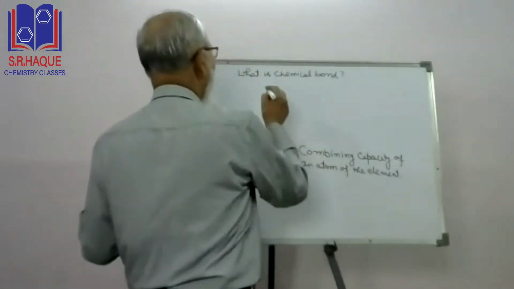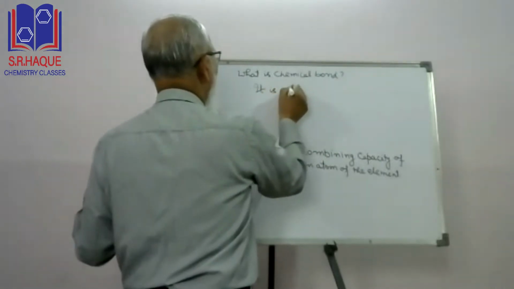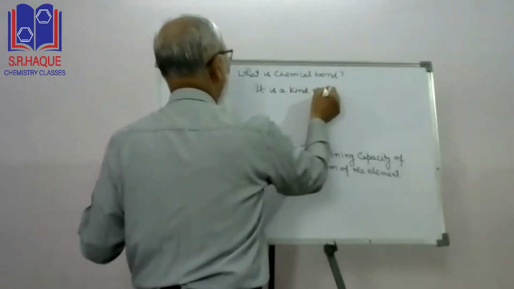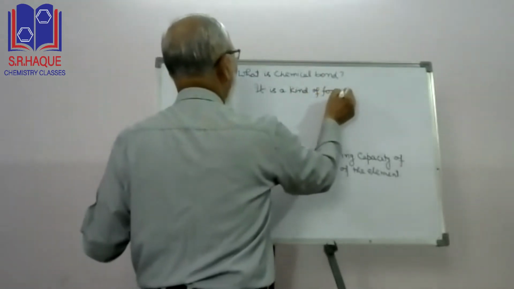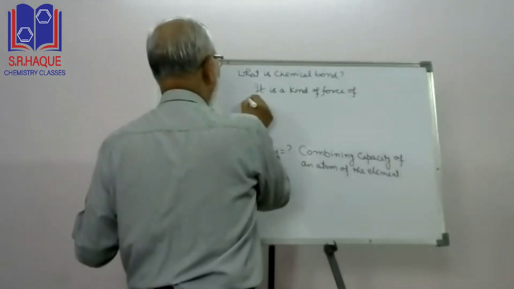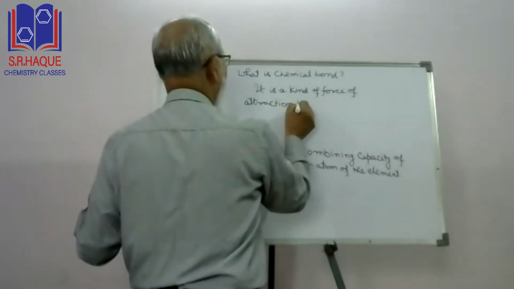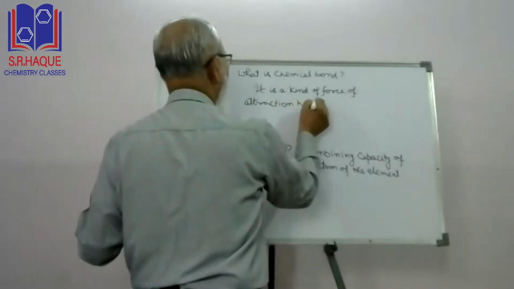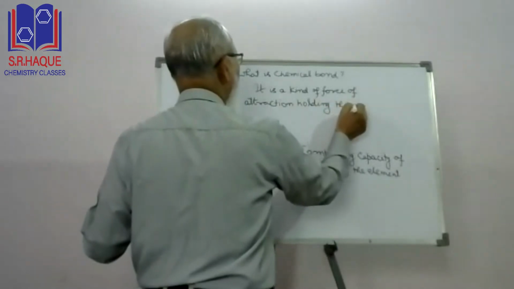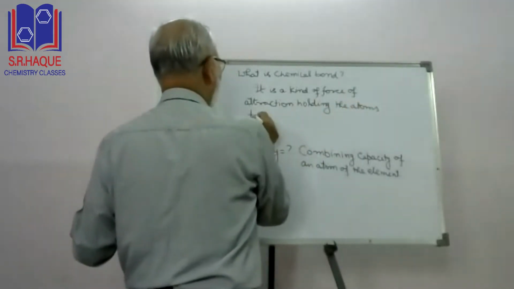So a chemical bond is a kind of force of attraction holding the atoms together in the molecule.